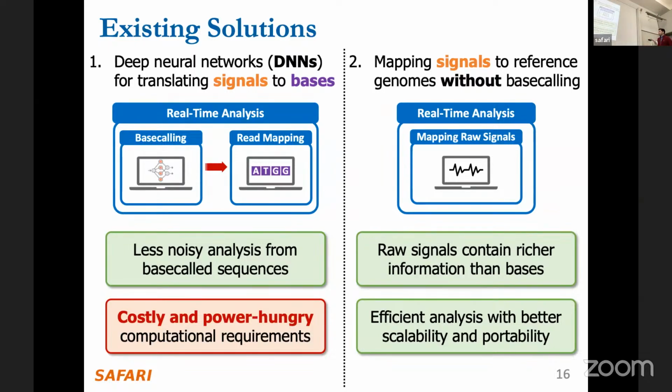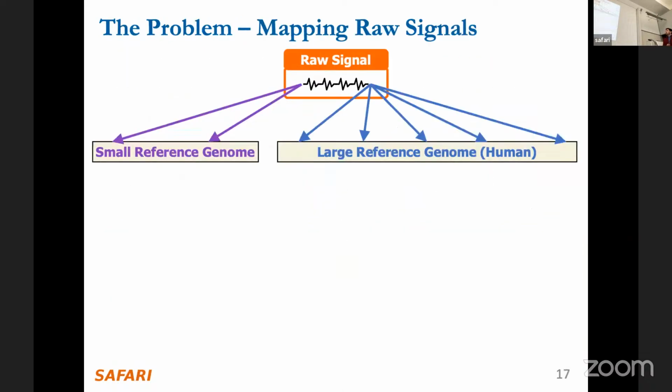You're losing some information basically. And the second benefit is that it enables efficient analysis with better scalability and portability, because these computational methods usually require less computationally complex approaches to map that read to a reference genome without using deep neural networks.